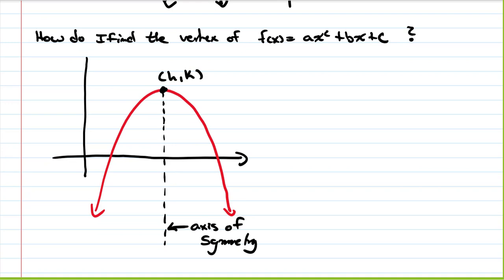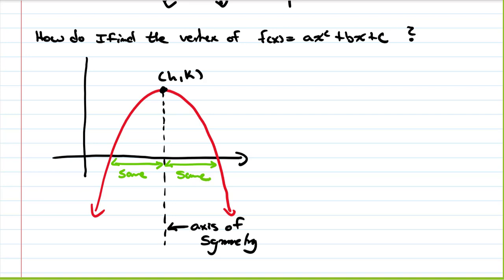Well, if our parabola is symmetric through its vertex, what would that tell me about these two distances? What would they have to be? Well, since our graph is symmetric, if we fold it over the symmetry line, it would have to land on top of itself. So these two distances would have to be the same.